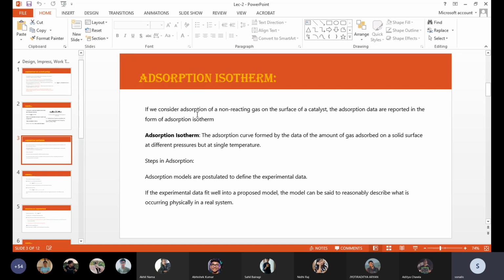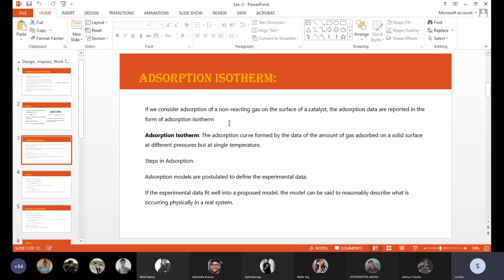If there are more gas molecules in a definite volume, then obviously the chance of getting adsorbed is more than with fewer gas molecules in the same volume, that is, lower pressure. So if we consider adsorption of a non-reacting gas on the surface of a catalyst, the adsorption data are reported in the form of an adsorption isotherm.